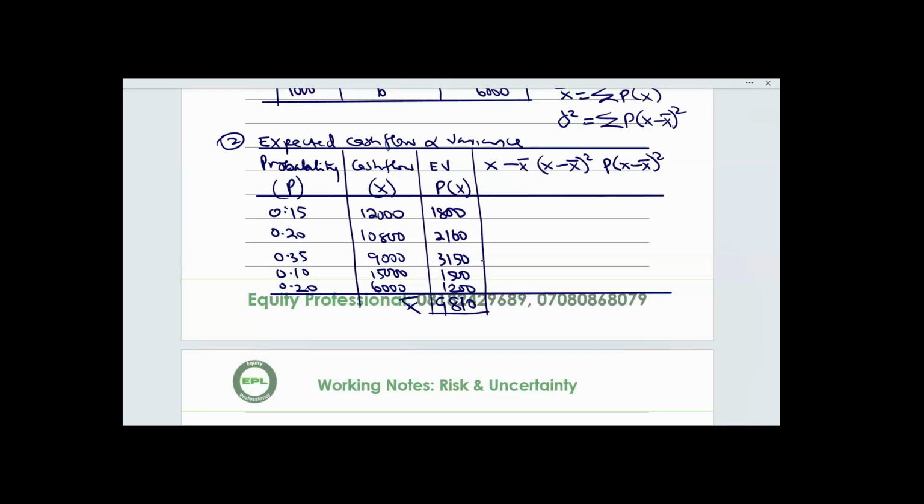All right. Like I said, at all times your probability must be equal to 1. If your probability is not equal to 1, you have to make it equal to 1. At times, it may be a typo error. So when you're in an exam hall and you face a similar situation, all you need to do is call one of the invigilators and explain: sir or ma, the probability in this question is not equal to 1.